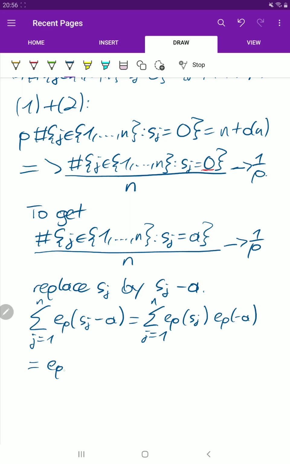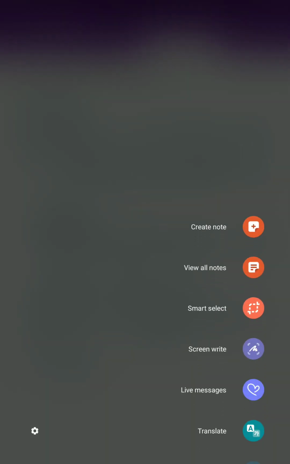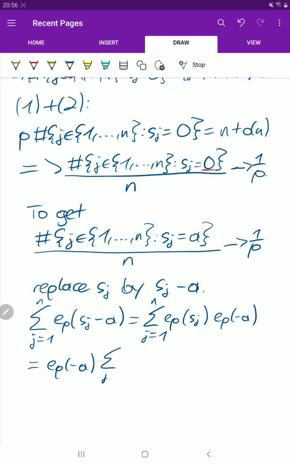This is the EP minus a we pull out. And this sum is also in O of n, well, we should have done it with k times Sj minus ka.